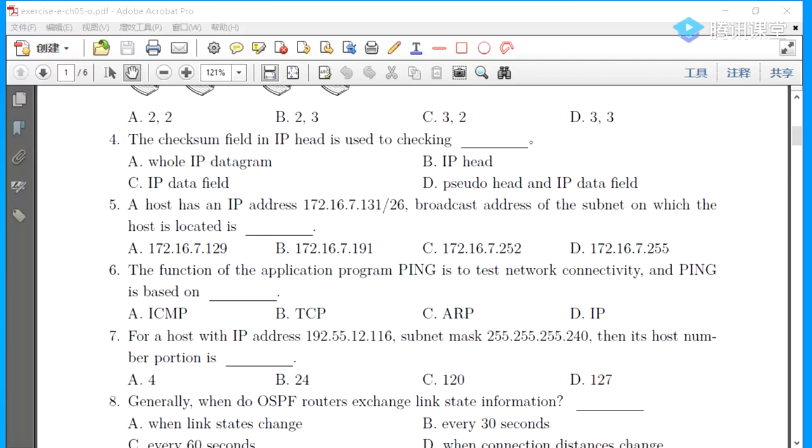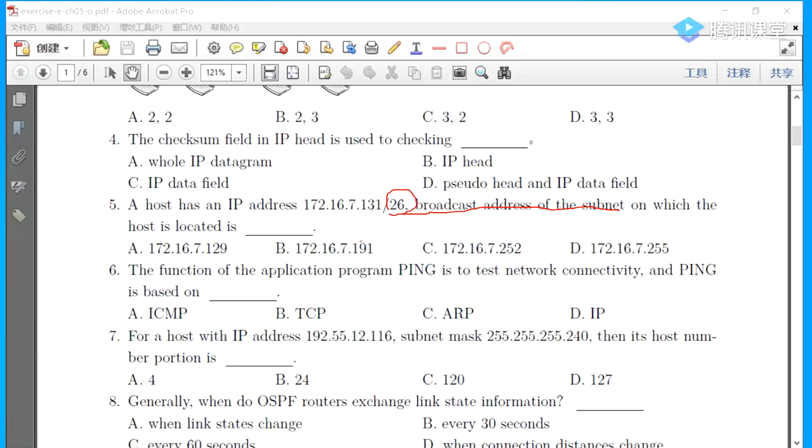The answer is B. Why? Today, I will illustrate how to calculate the broadcast address of the subnet.